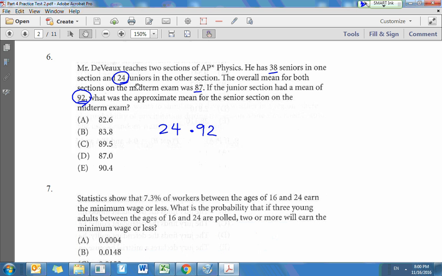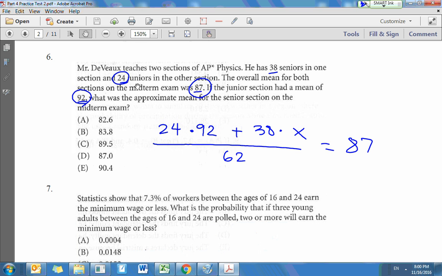And if I add to that the 38 seniors times their mean, which I don't know, and I divide by the total number of students, which is 38 plus 24, I get 62. And that is equal to the mean of 87.